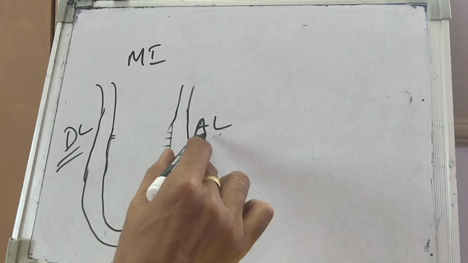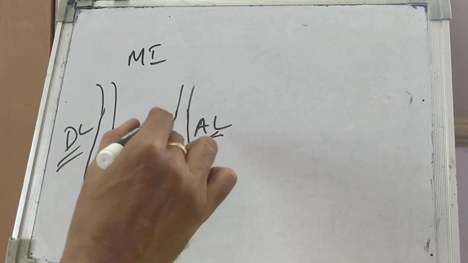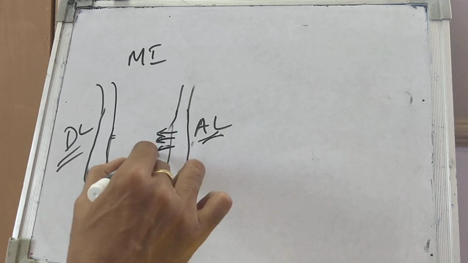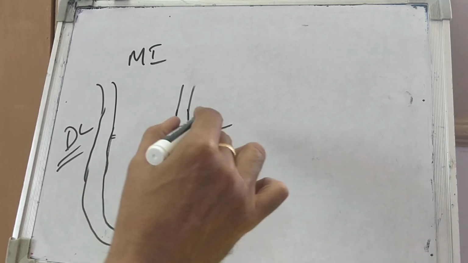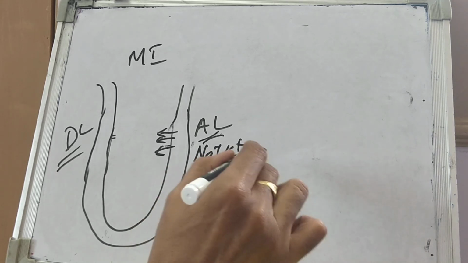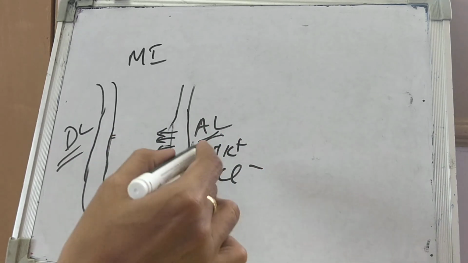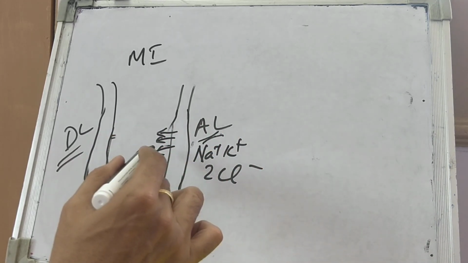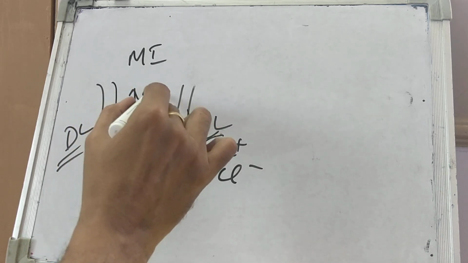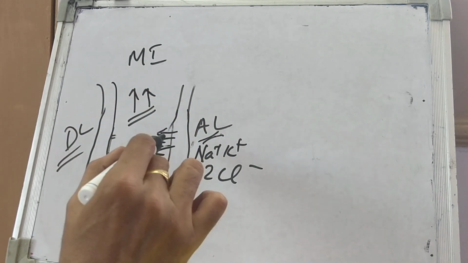See, the thick ascending limb, I told you, is permeable to solutes. So the solutes are reabsorbed and they are entering into the interstitium. So sodium, potassium, 2 chloride, they are moving into the interstitium. And because of the movement of solutes into the interstitium, the interstitial osmolarity is increasing. So the osmolarity of the medullary interstitium increases.